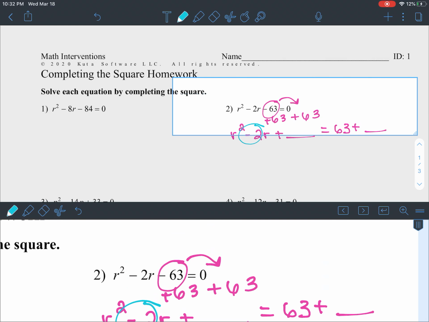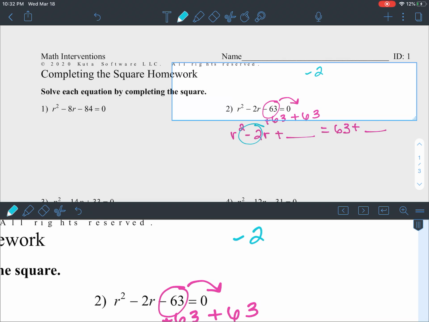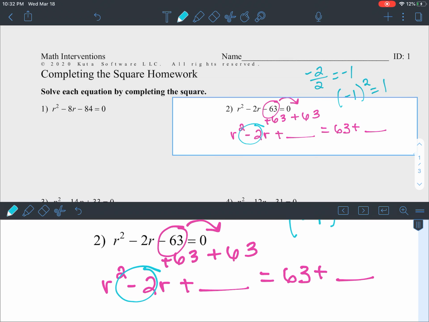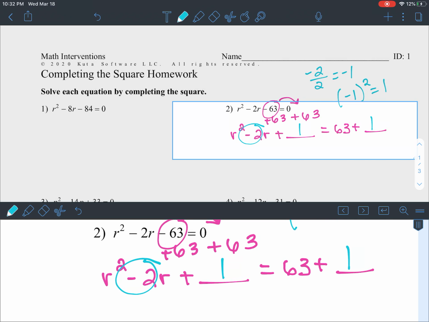So then we think to ourselves, what's half of negative 2? So we're going to do negative 2 divided by 2 to get negative 1. And then I'm going to square that negative 1 to get positive 1. So positive 1 is what goes inside of this blank.